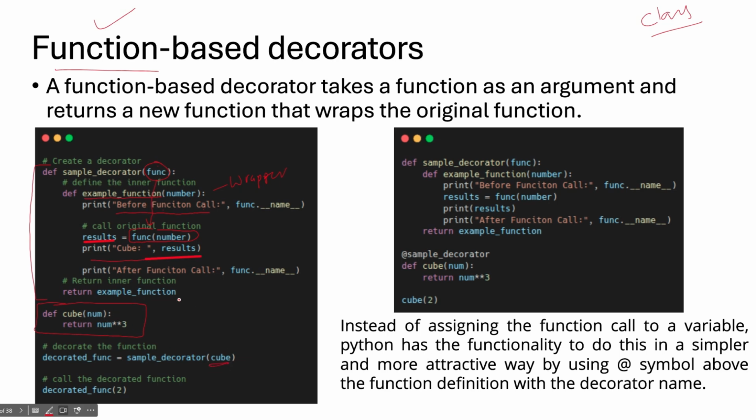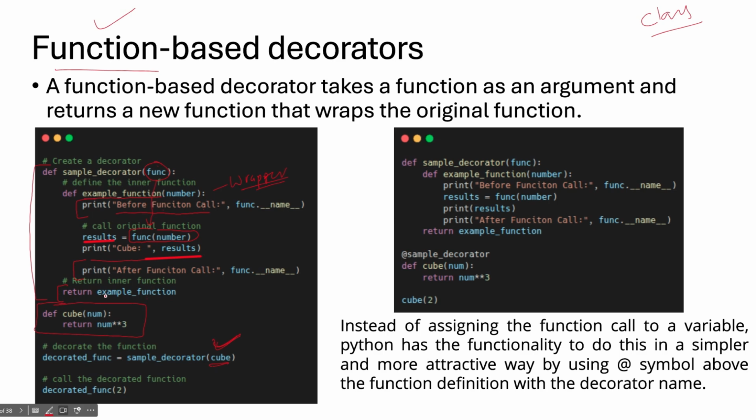You can see in this function we are passing cube. Any operation that you want to do before, or any operation that you want to do after, you can do here. We are just printing messages to showcase it: before function call and after function call. And at the end, you need to return the wrapper function that you created.